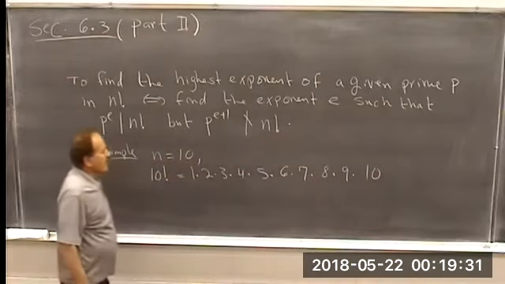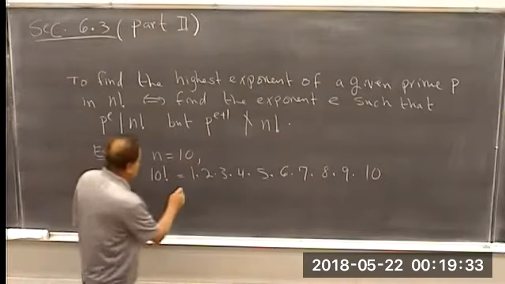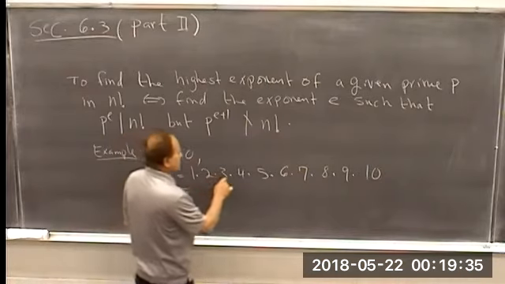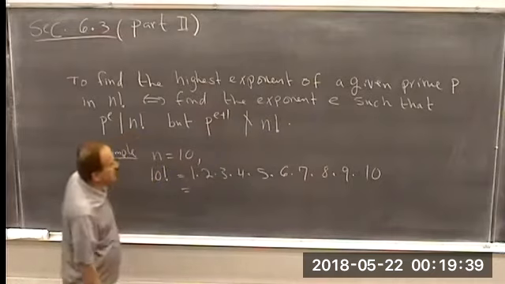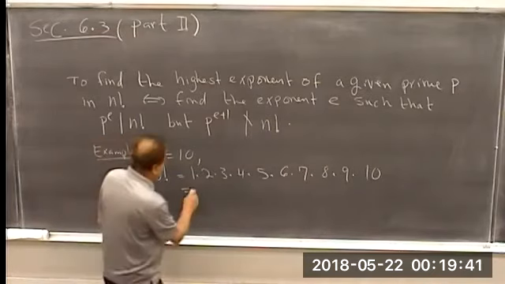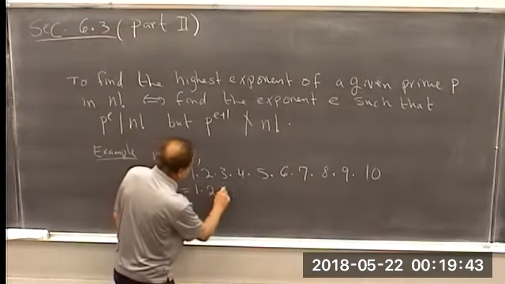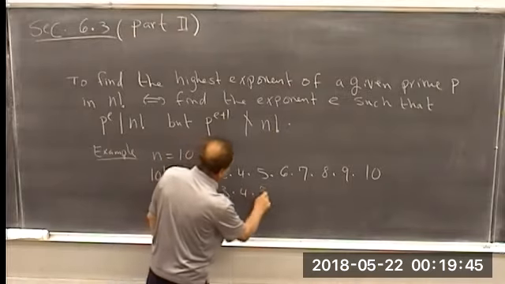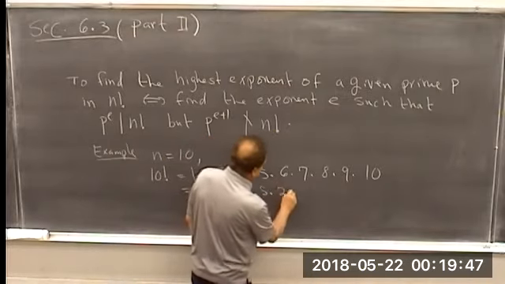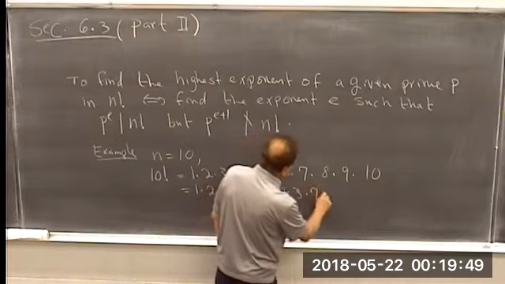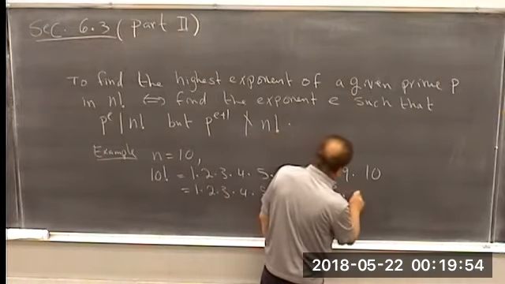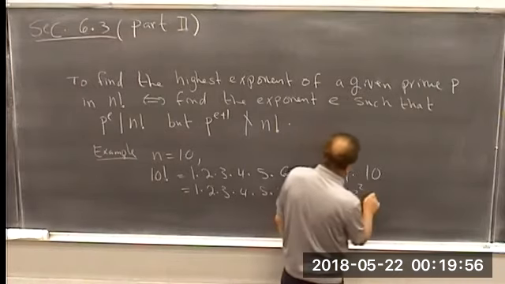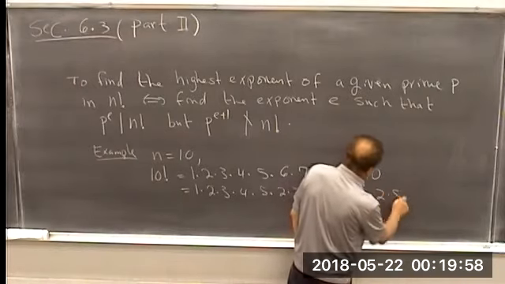Now, from here, we need to find the 3, which appears in which one of these factors. 4, 5, 6, we can write this as 2 times 3, then 7, then 8 is 2 to the third, 9 is 3 squared, and of course 10 is 2 times 5.